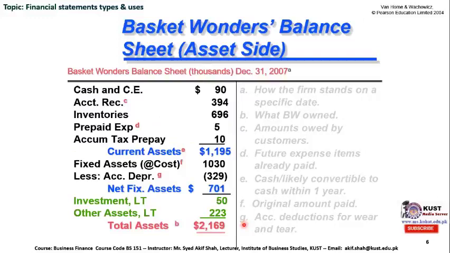Here is an example of the Basket Wonder company balance sheet, and these figures and amounts are in thousands. In thousands means you are going to add 3 more zeros at the right side of the given value. Like this is cash and cash equivalent, $90 mentioned over here because of the space limitation, so we have omitted 3 zeros in front of 90.